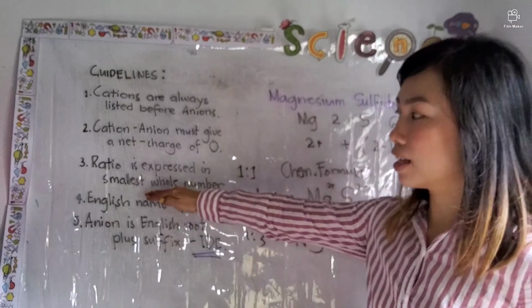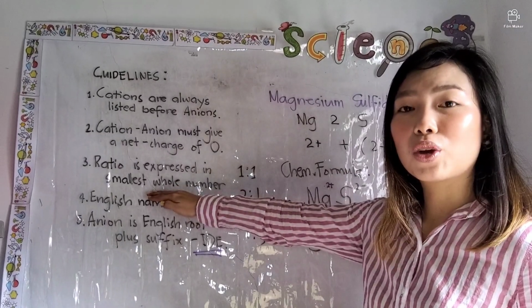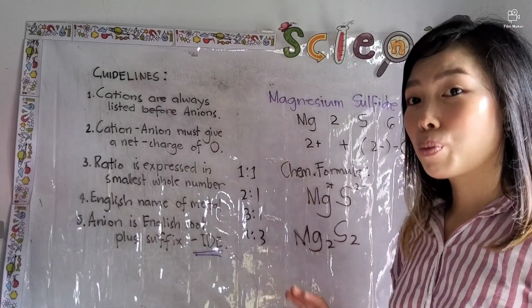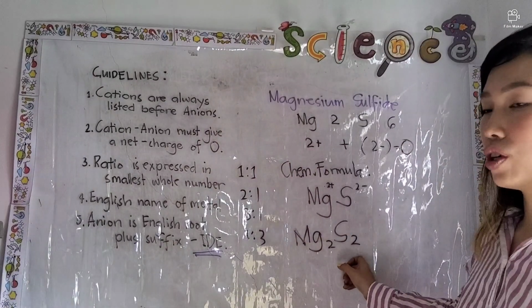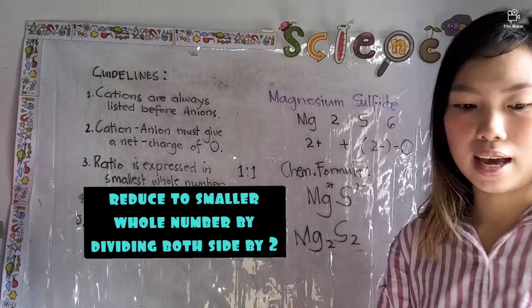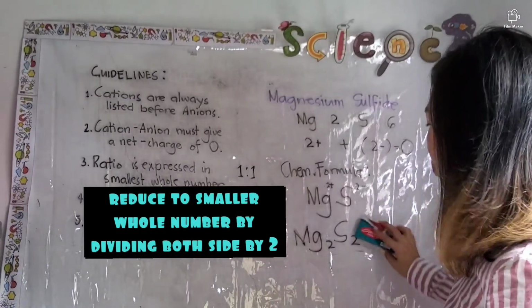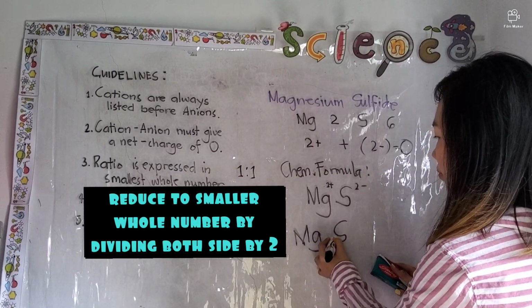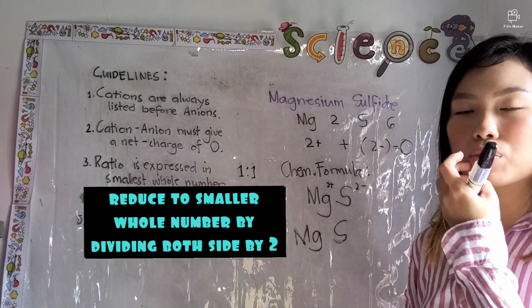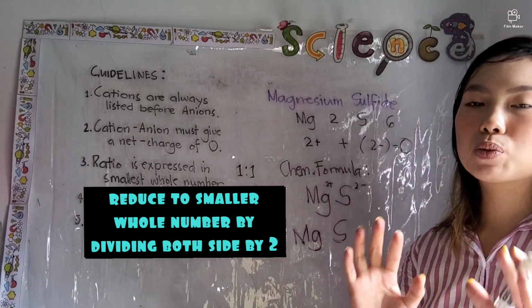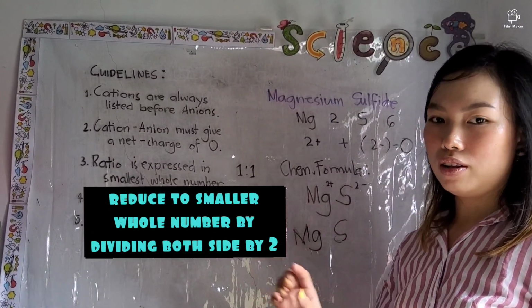Pero dahil kailangan nasa smallest whole number tayo at kaya pa nating i-convert into smaller number ang 2:2, which is divide. So, pwede pa siyang maging whole number 1. Kaya, the chemical formula will be MgS as its smallest whole number.